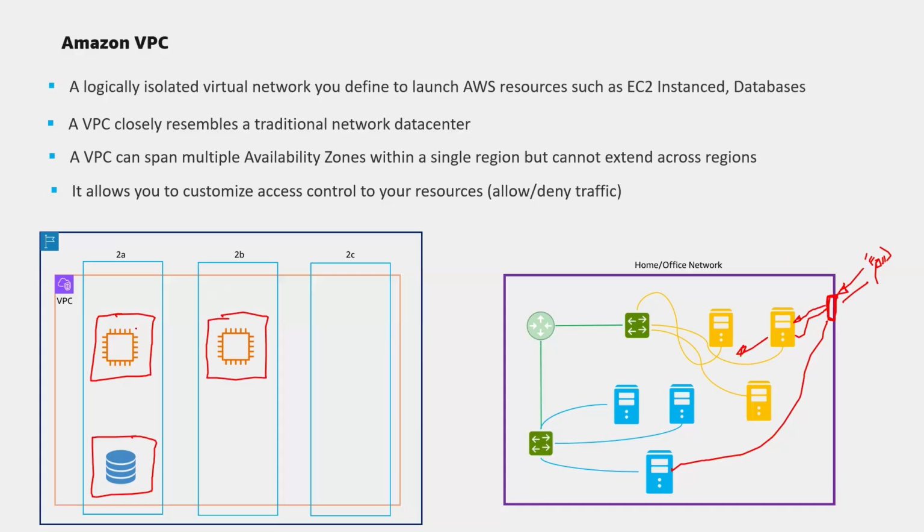So in order for people to access your web applications, your web servers, you can attach what's known as the Internet Gateway, or IGW, so that people will have access, and your EC2 instance can have access in and out to the internet. So Internet Gateway, as the name indicates, will provide you access to the internet. But there's a way we can keep this very secure. Even though we have an internet gateway, we can put this in a private subnet so that it will not be accessed, because it's a database.